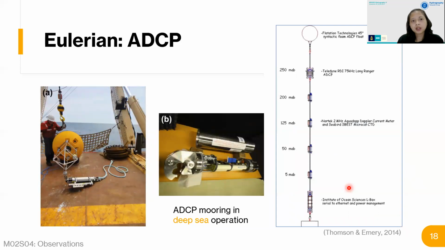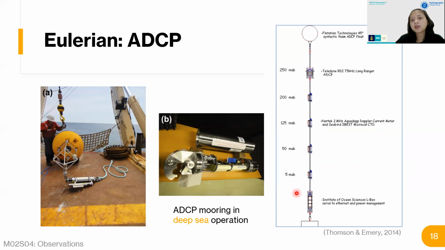Another thing that is quite interesting is something called mooring operation. Mooring operation only happens in deep water. MAB is meters above basement.